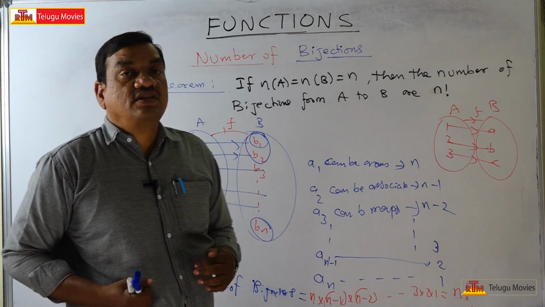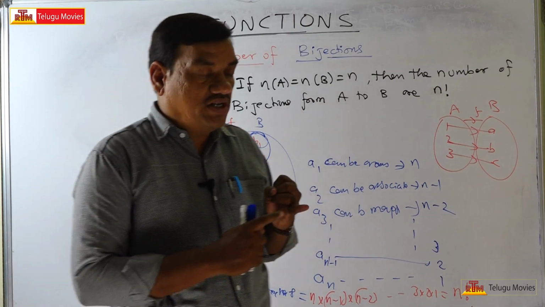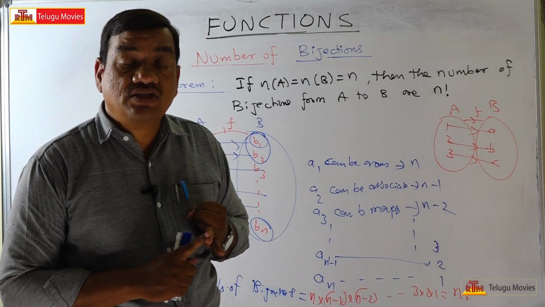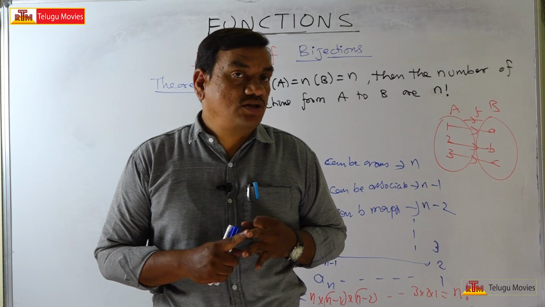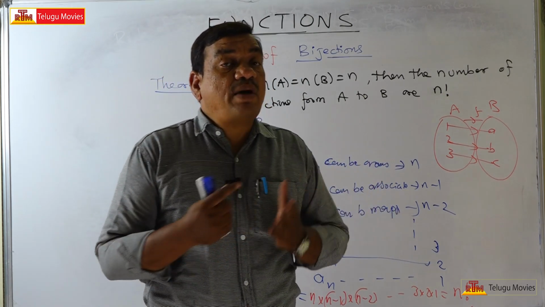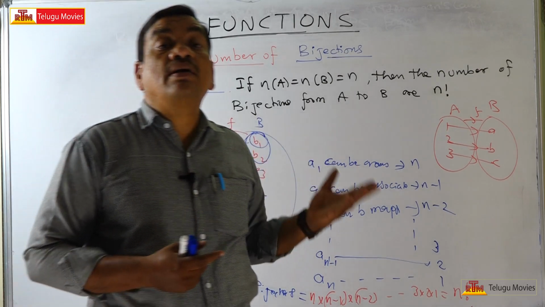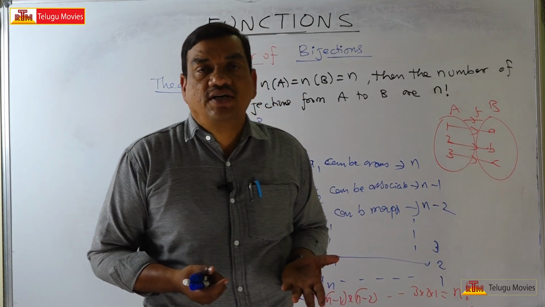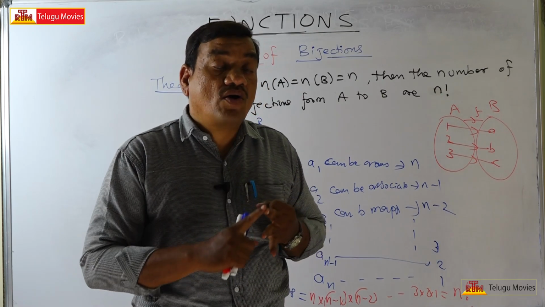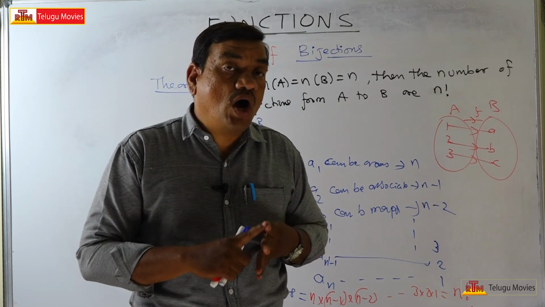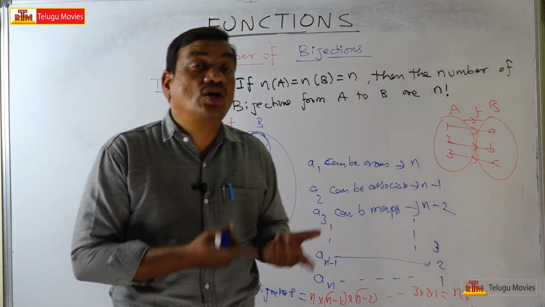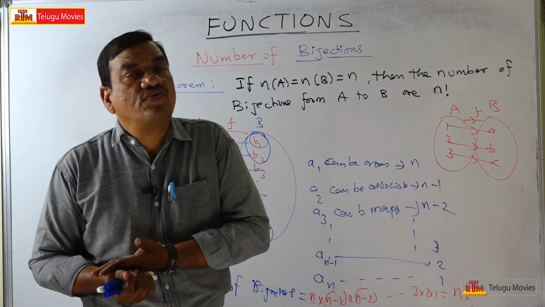So dear students, in this class today we have learned about the number of functions, the number of one-one functions, and the number of many-one functions also. If you know the number of one-one functions, then the total number of functions minus the number of one-one functions will give the number of many-one functions. Similarly, if you know the number of onto functions, you can find the number of into functions.